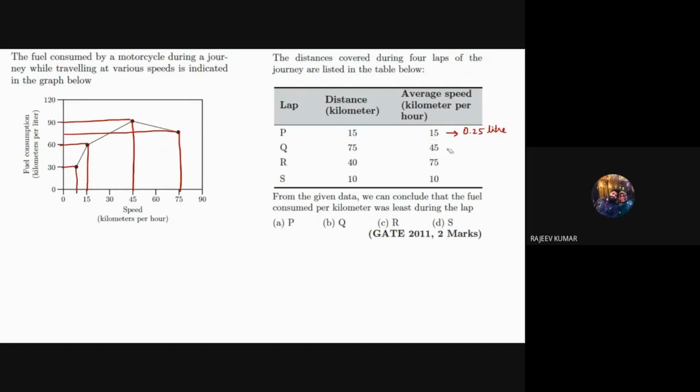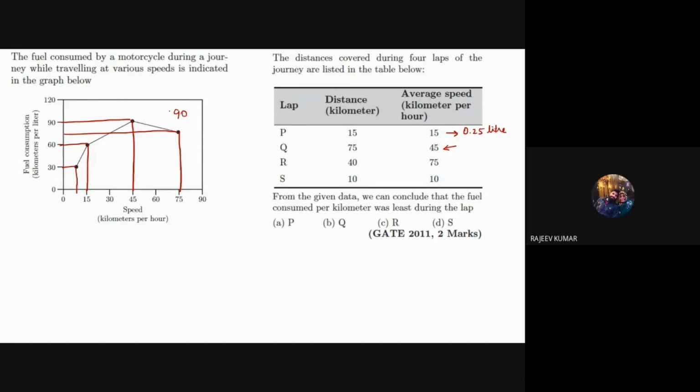Now, at the average speed of 45 kilometers per hour, they have covered 75 kilometers. The average speed is 45, and at this average, per liter, they can go for 90 kilometers.